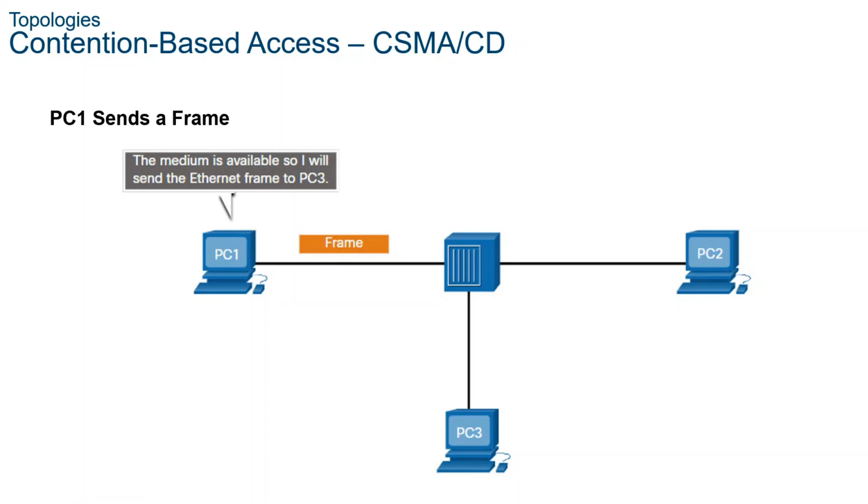If it does not detect a carrier signal, in other words, it is not receiving transmission from another device, it will assume the network is available to send. Then the PC1 NIC sends the Ethernet frame when the medium is available, as shown in the figure here. So the assumption here is that the cable is available for use, and therefore PC1 has sent the frame on the cable.